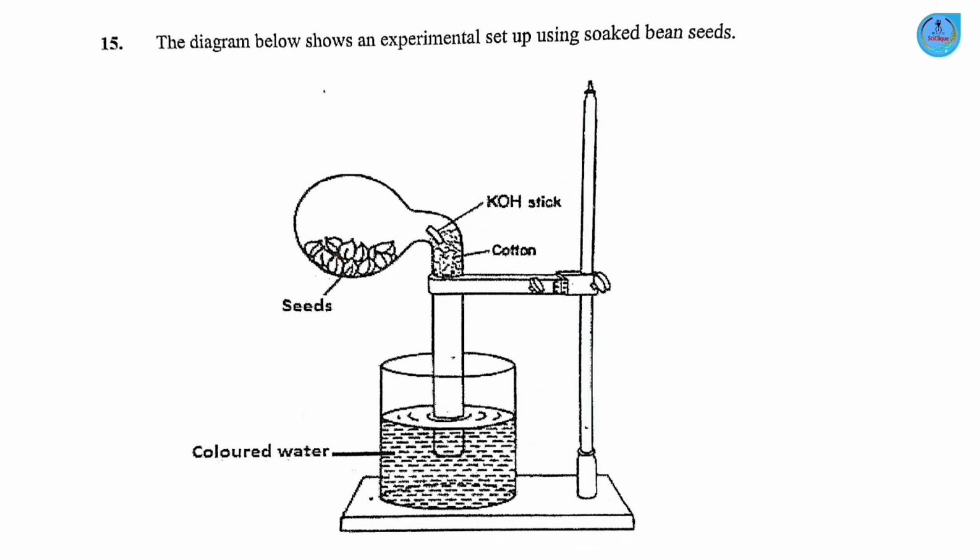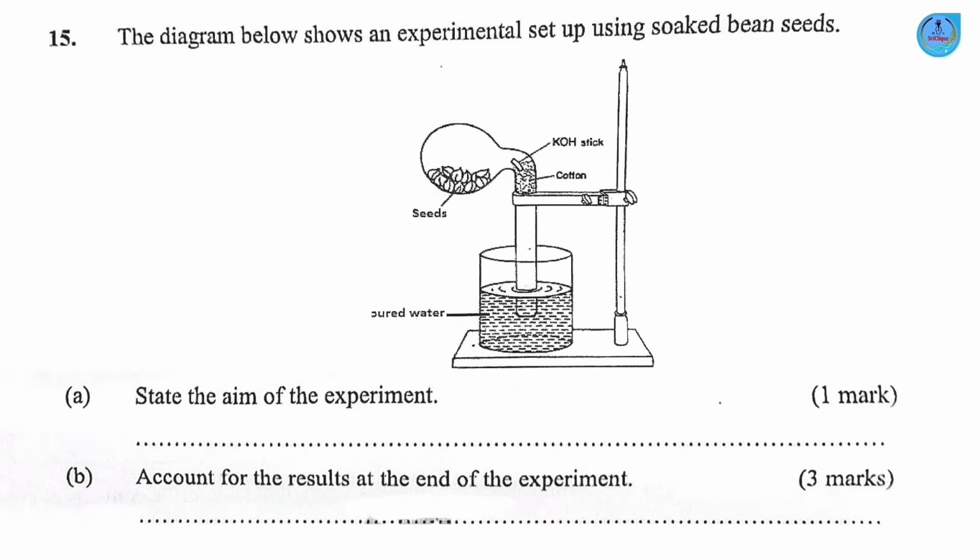On the neck of the flask, we have cotton wool, above which is a stick of potassium hydroxide. The flask has then been immersed in a beaker of colored water. So we are supposed to state the aim of the experiment. The aim is to show the respiration of germinating seeds.